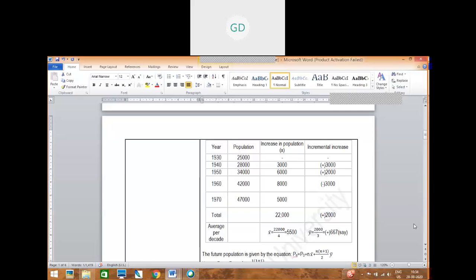Then 33, 34, 35, 36, 37, 38, 39, 40, Yes, ma'am. 41, Present, ma'am. 42, Apongba absent. 43, 44, 45, Present, ma'am. 45 present.